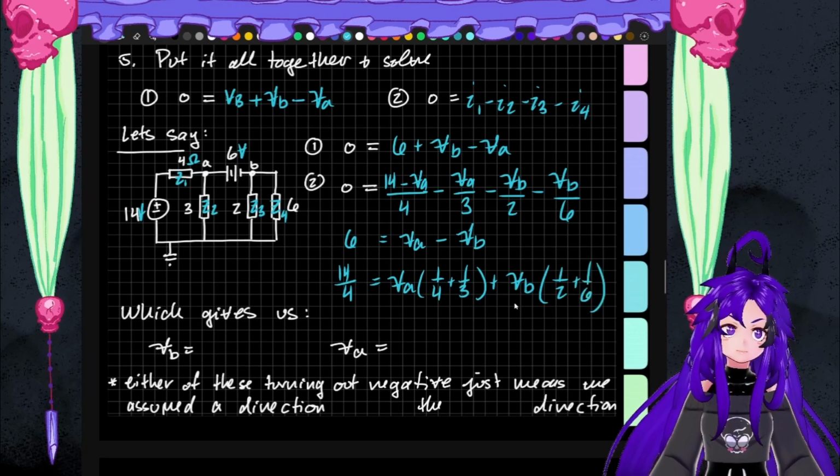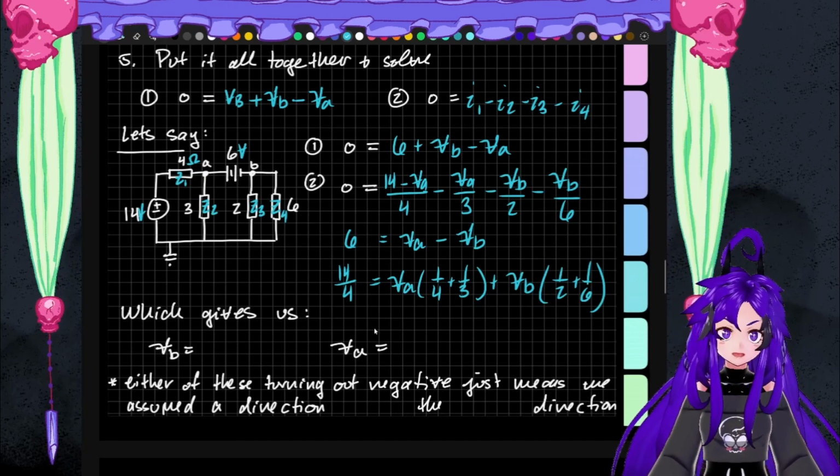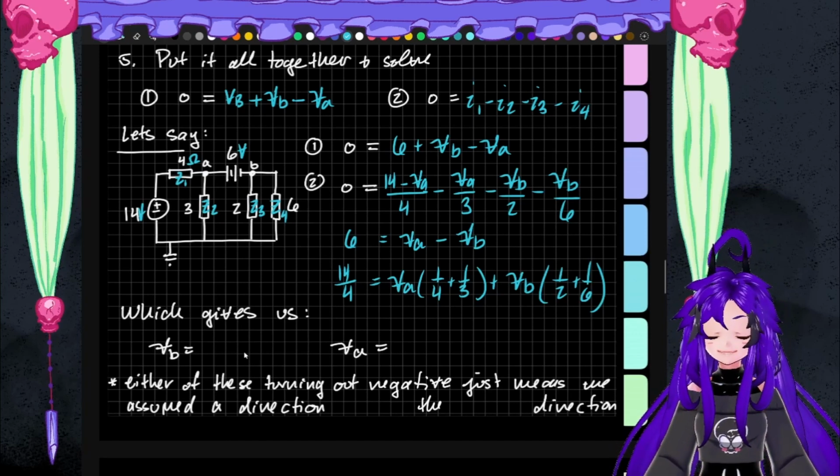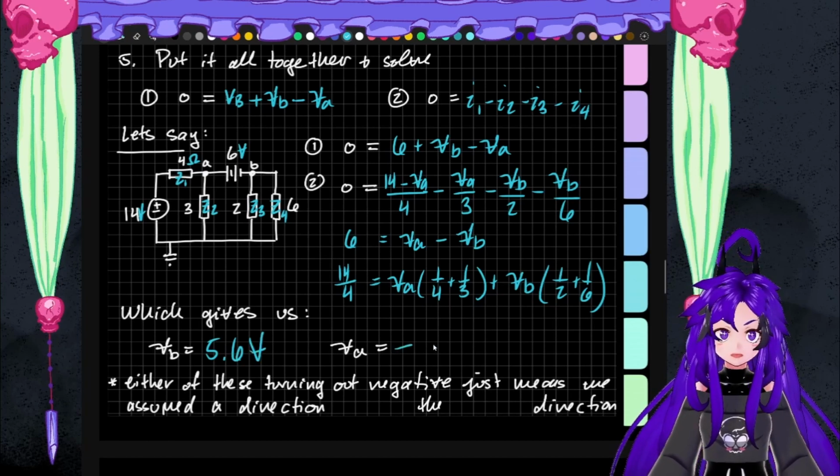I just grouped the fractions so that we didn't have to go through all of that right now. And that gives us 5.6 volts for VB and minus 0.4 volts for VA.